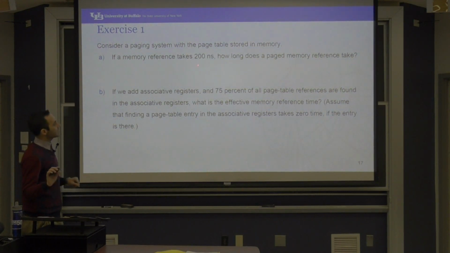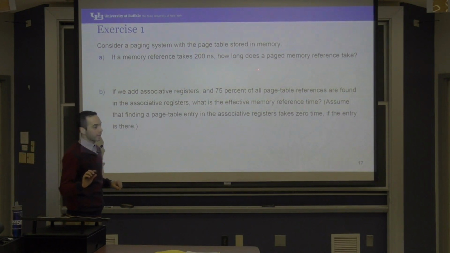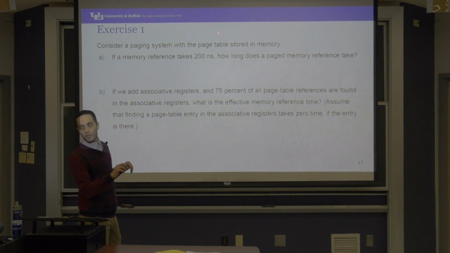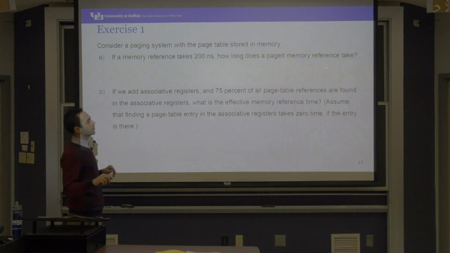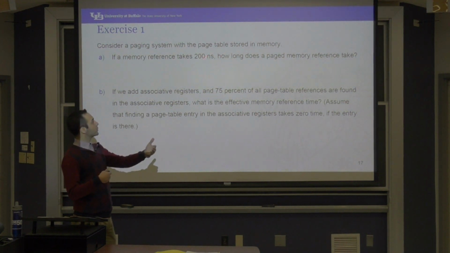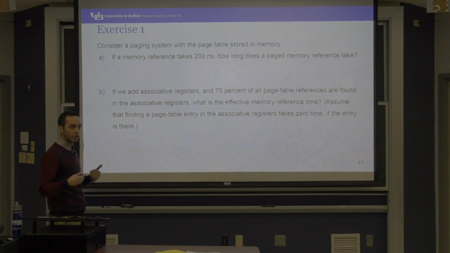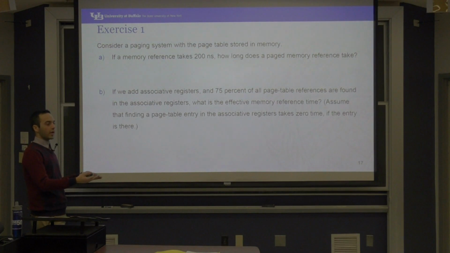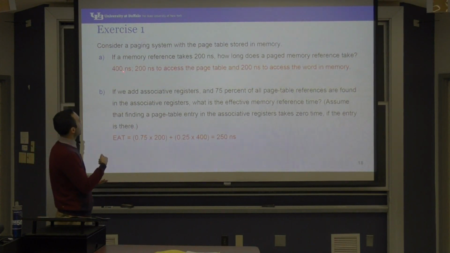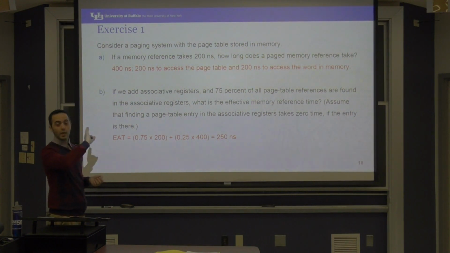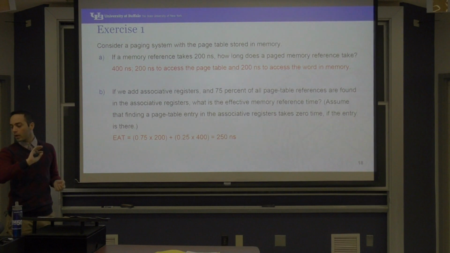If a memory reference takes 200 nanoseconds, how long does a paged memory reference take? It's already paged, so we already need to access it once, right? So we need 400 nanoseconds. Sorry, I thought that we were past example 1.